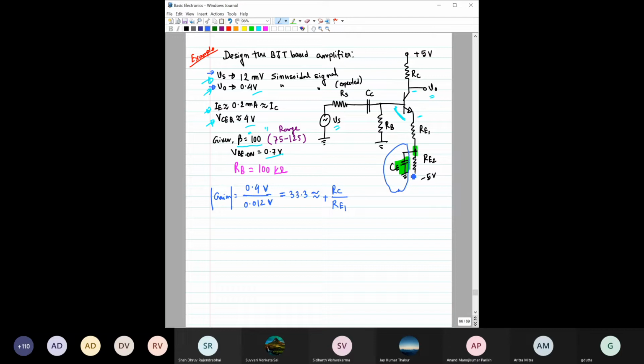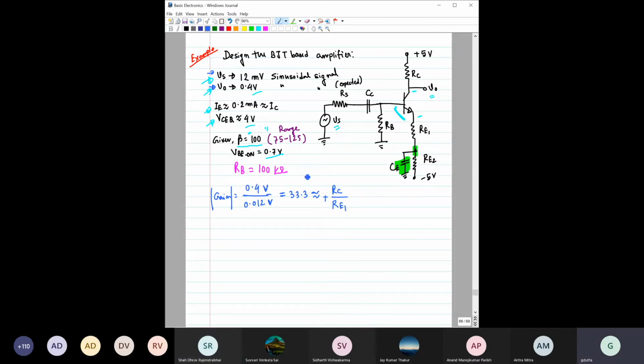In AC analysis it is shorted. In AC analysis, the DC supply voltage has to be grounded. Yes, sir. Forgot, sir. Okay.